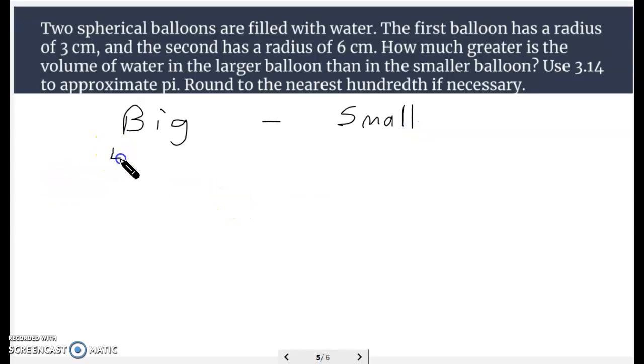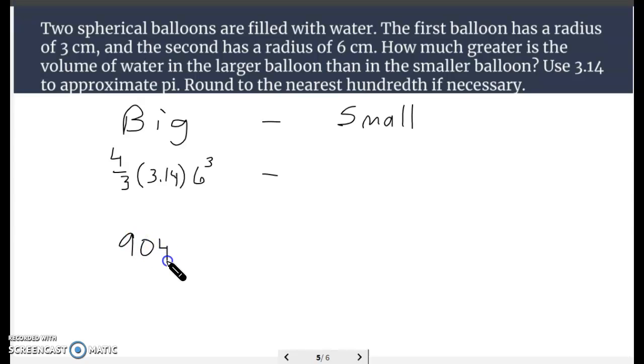So the first one, 4/3 times pi, and the radius is 6, so 6 to the third power. Go ahead and calculate that in the calculator. You can enter 4 divided by 3 times 3.14 times 6 times 6 times 6. We will get 904.32.